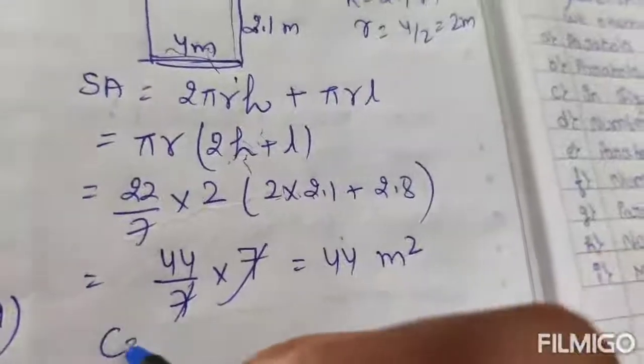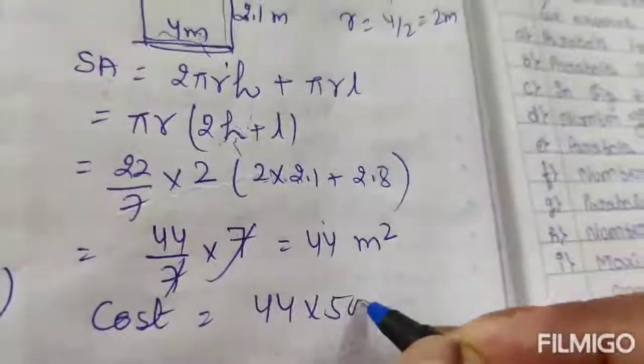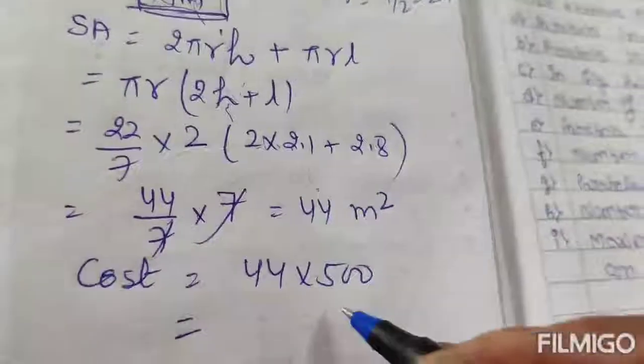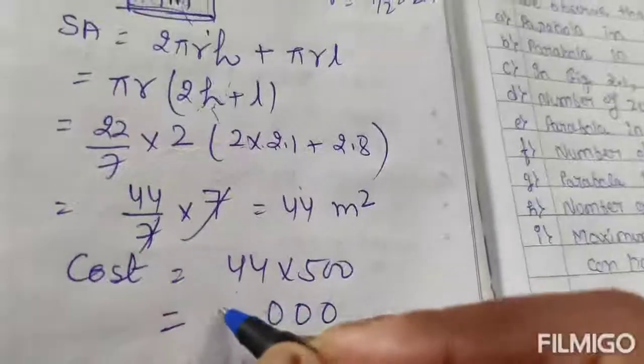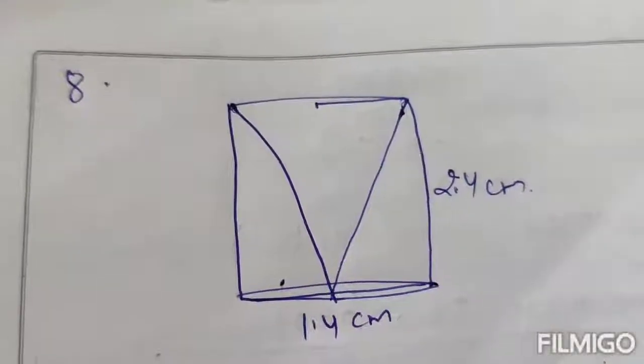Now cost: 44 multiplied by rupees 500, rupees 22,000.